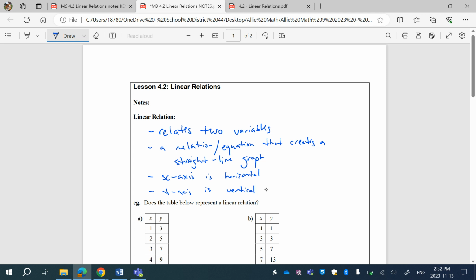I always remember horizontal is left to right, just like the horizon. If you see a beautiful sunset, the horizon goes left to right. And vertical, I always think about those videos of guys jumping super high, like in the NFL. Anyways, vertical, up and down.